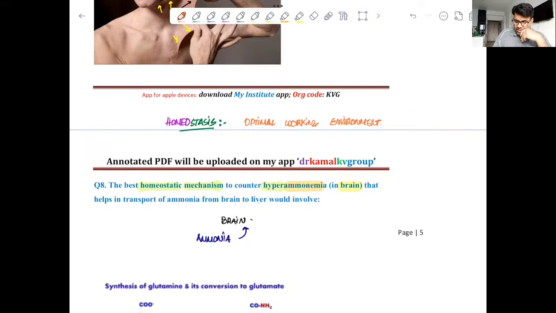So this is very toxic. Now this ammonia has to be transported to liver so that it can undergo urea cycle. So this transportation has to take place, and this is helped by glutamine. Clear? So this transportation is helped by glutamine.